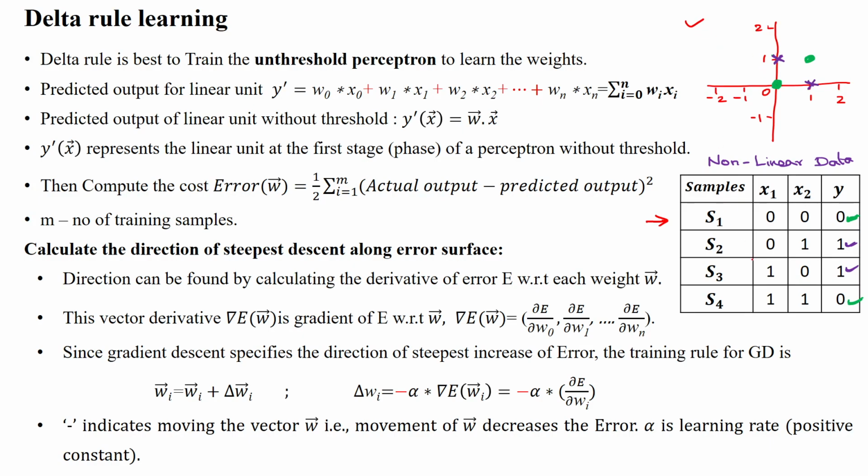In this plot I am drawing the given data points. 0 comma 0 has the negative class, so I am using a green color dot to represent the negative class.